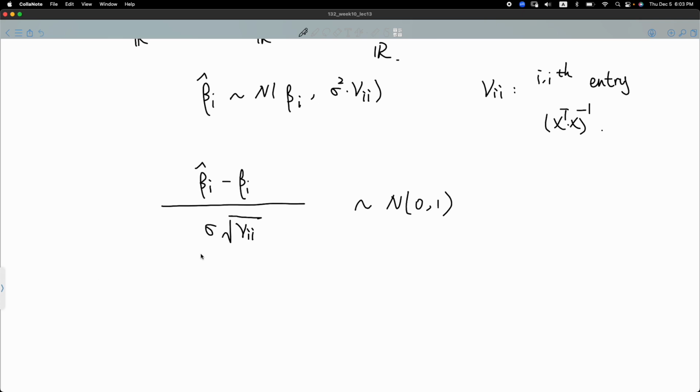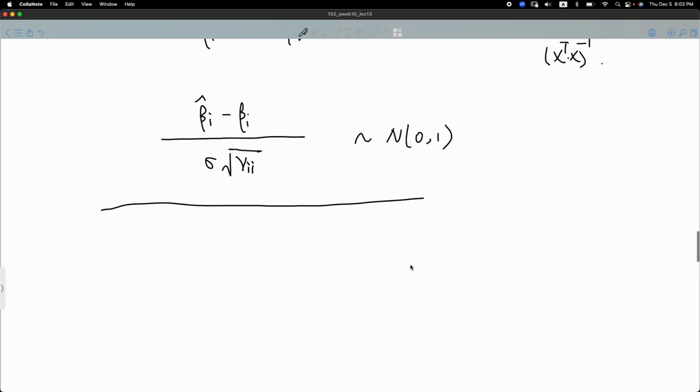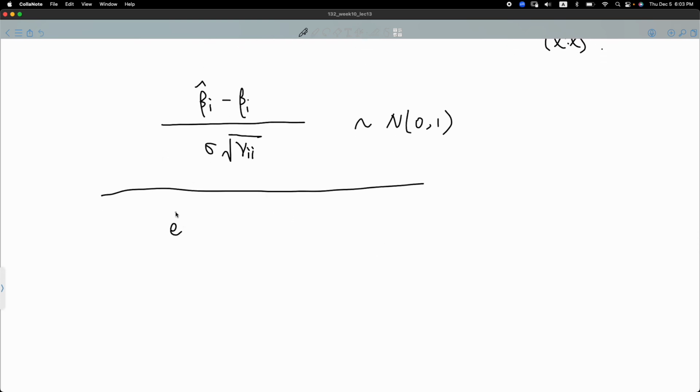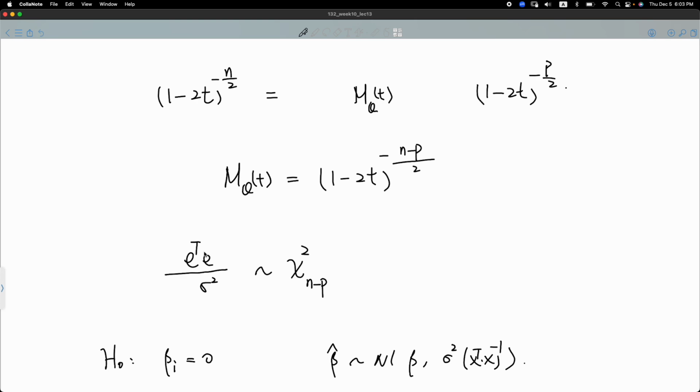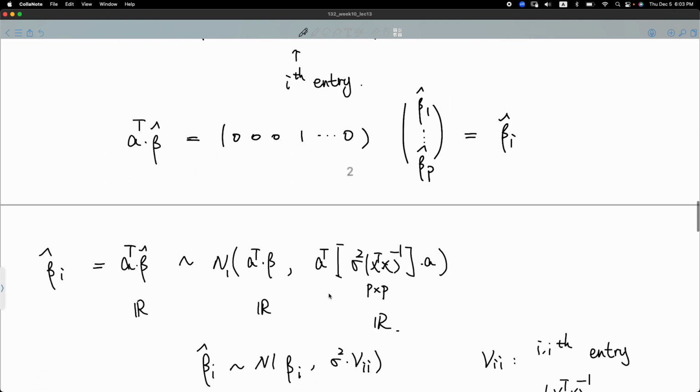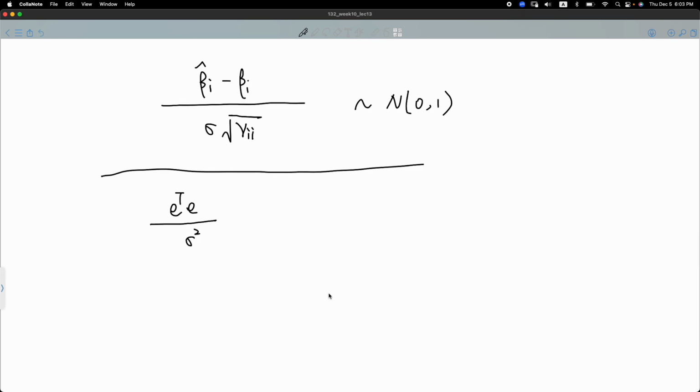Okay, and now let's bring in the component that we just calculated regarding the variance, which is the E transpose E over sigma square. This is coming from the part where we went through the expansion, and using the homogeneous function, we know that this one follows a chi-square distribution with degrees of freedom n minus p. Okay, so now we bring that component into the picture.